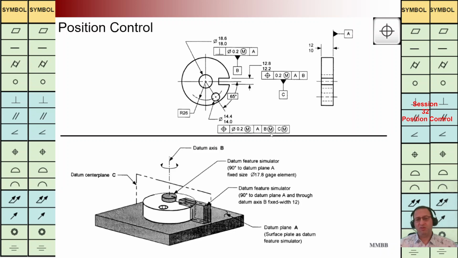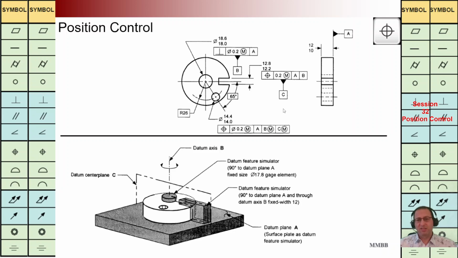Whenever we are going to have modifier, we should have the maximum material size for this hole. It is 18 minus 0.2, it becomes 17.8. As we can see here, we are going to have this size of gauge for that.